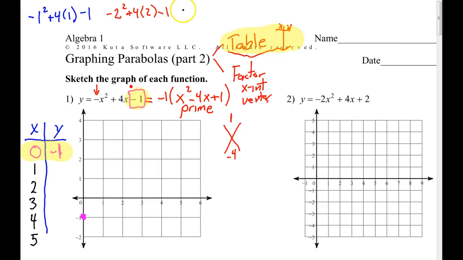Plug in 3: -3 squared, 4 times 3, -1. And what do you get for each of those? The first one comes out to -1 plus 4 minus 1, which is 2.